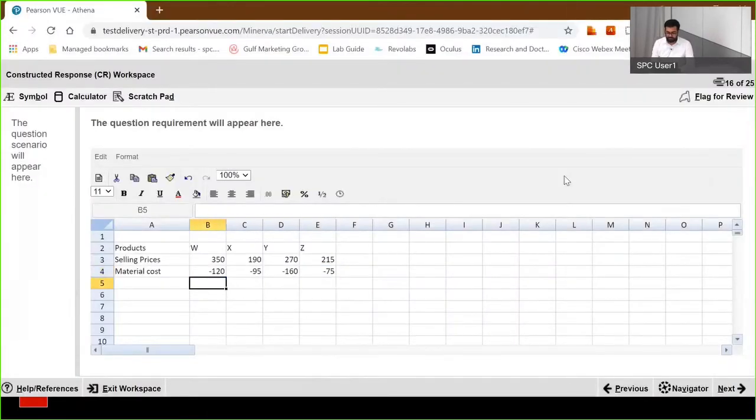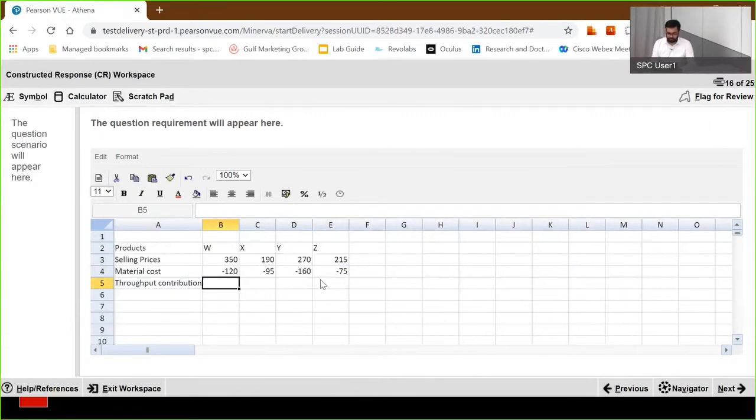Let's subtract the material cost and we will arrive at throughput contribution. Here we can subtract the two numbers by simply selecting the cells and using the sign. Once you are done, you can drag it for all the remaining cells and it will automatically give you the answer.